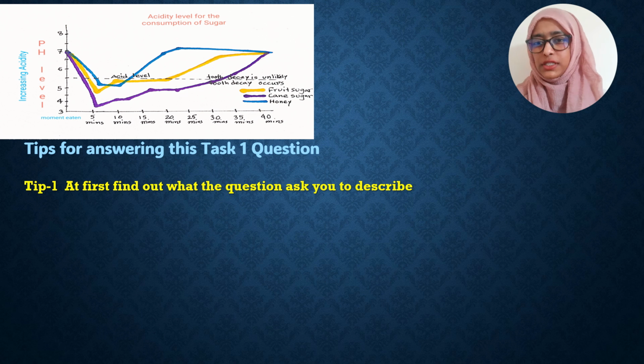Most of us who attempt writing face this problem: we don't try to understand the question, we don't try to invest time in understanding the question. This is a very crucial part.